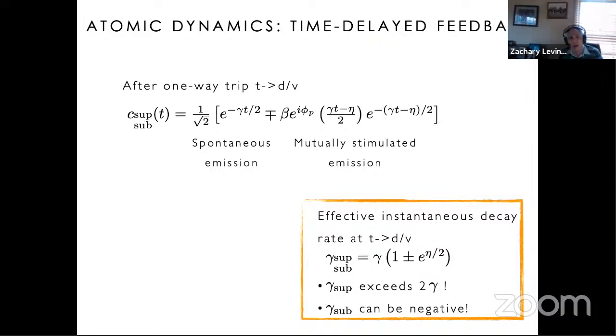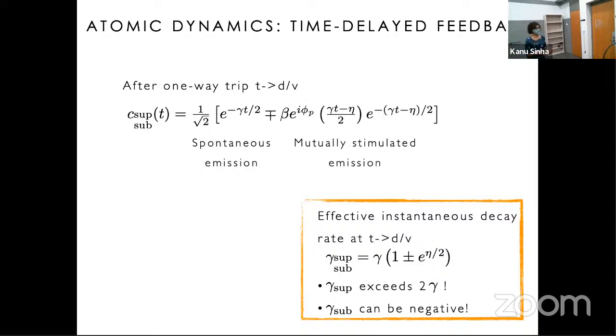So the answer in theory is yes, it's possible, but in practice, I am not sure. In theory, the reason is that we know, for example, if it's a symmetric state or an antisymmetric state. And secondly, if we know precisely what the phase of propagation of the field is, whether it's an integer multiple of pi or half a pi and so on, then yes, it's possible to predict whether there would be constructive or destructive interference.